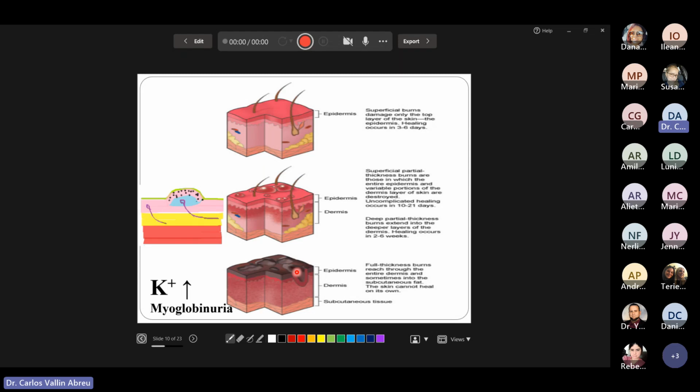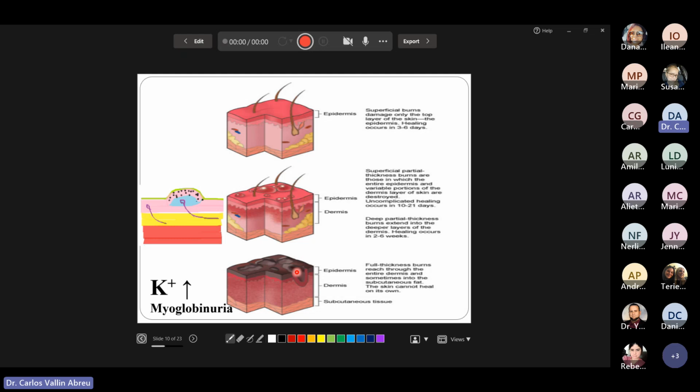And when the granulation tissue is ready, a superficial layer of skin is taken from the parts of the body that have not been burned and is put over the granulation tissue as an autograft. Meanwhile, the granulation tissue is in this process.